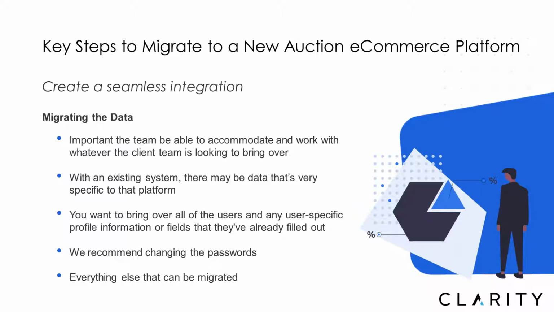So you've kind of talked about the team, and we wanted to heavily articulate, even if you select a team, let's say we'll just use Clarity for right now, since it's us. You select Clarity because you signed up with me, you saw a really cool demo of the Clarity auction platform, and you want to go with us. Okay, well, that's fine and dandy. Of course, Clarity knows the Clarity platform, but does Clarity know the 100 other platforms you may be migrating from? Right?